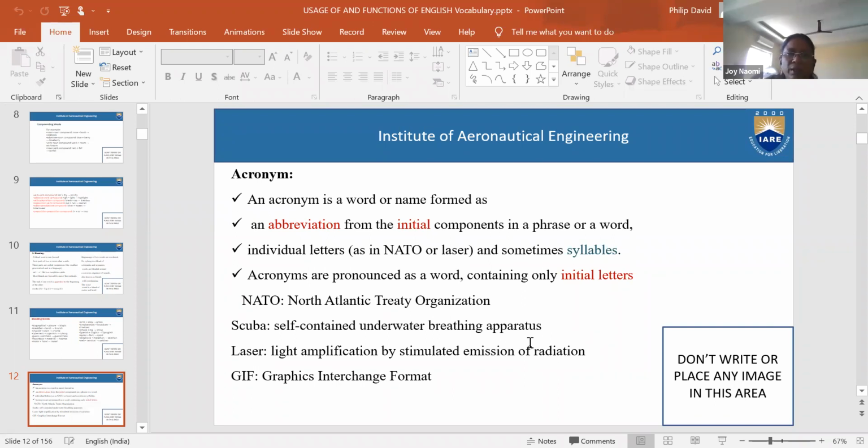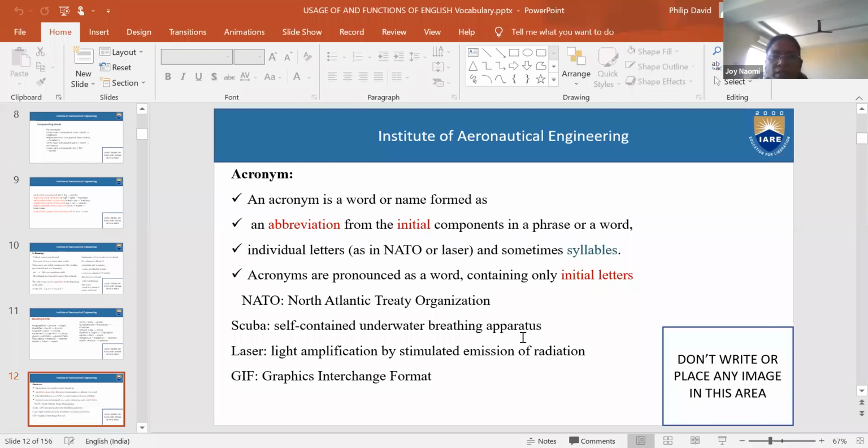All right, they are another way of forming new words. An acronym is formed from a word. Abbreviation is usually the initials, the first letters of a word. For example, NATO.